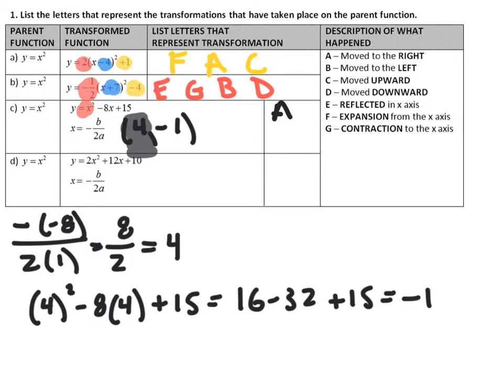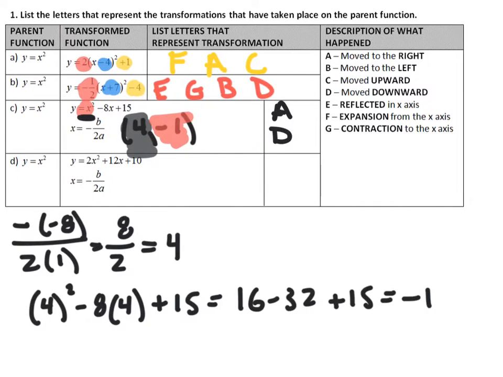If you have a -1, you went down 1, so that would be a D value. And because of the value over here, there is a 1. It's a parent function, didn't get reflected, didn't get contracted, and so on. So let me erase a little bit of that now. So A and D, I think, are our only answers there.